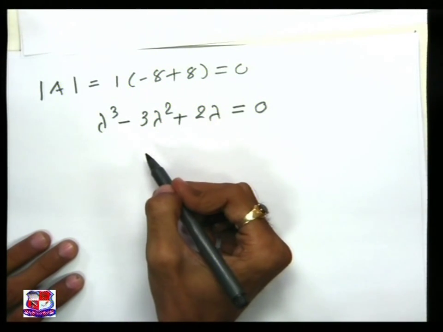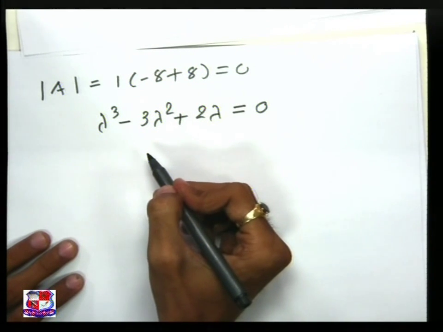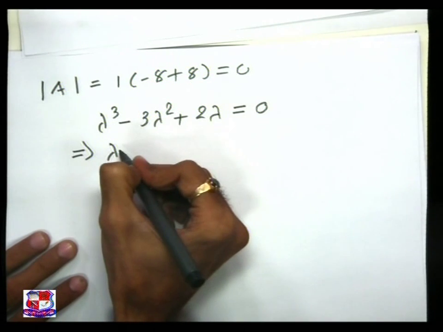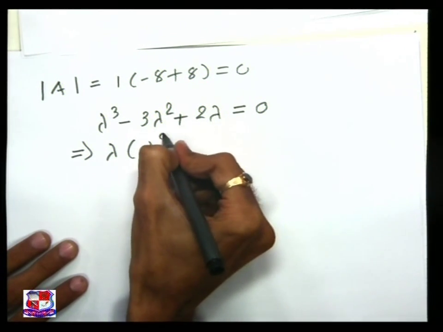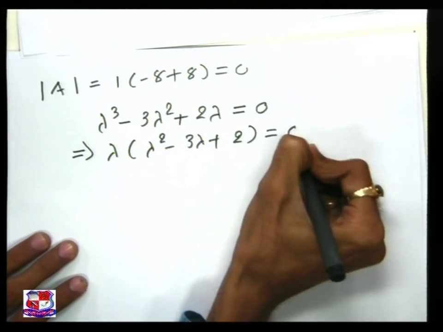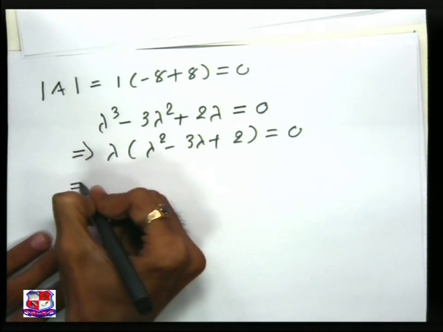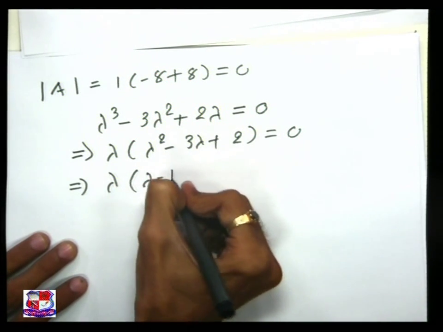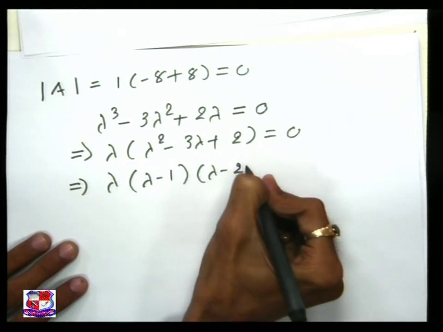This is the characteristic equation for the given matrix. If we take lambda common, then lambda square minus 3 lambda plus 2 is equal to 0, which implies lambda, lambda minus 1, lambda minus 2.